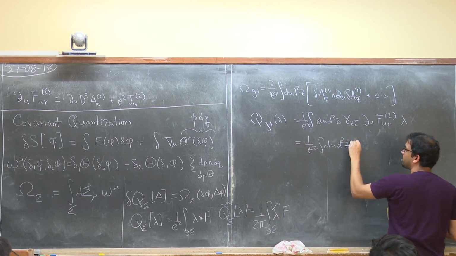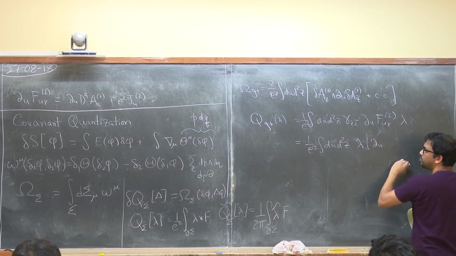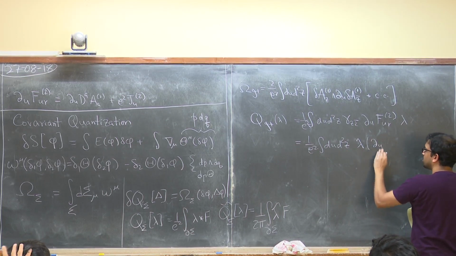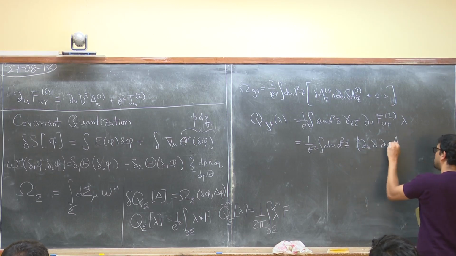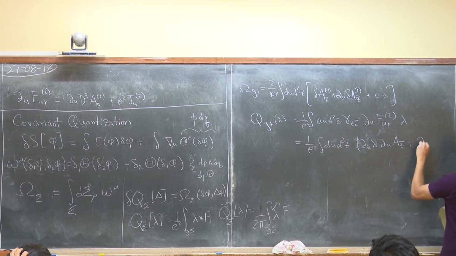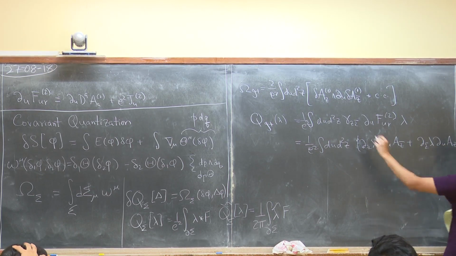So let me write out one of them. It takes the form del u, let me call it, dz lambda del u A z bar plus dz bar lambda. So that's the first term.